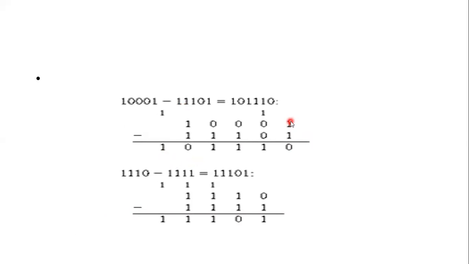Another example. 1 minus 1 is 0. Here 0 minus 0 is 0. So 0 minus 1. Here there is no digit and hence we have to borrow from these digits. So this is 1. So one more digit is missing here. Okay. Let me see this example. So this is the highest number from which we can subtract this one.